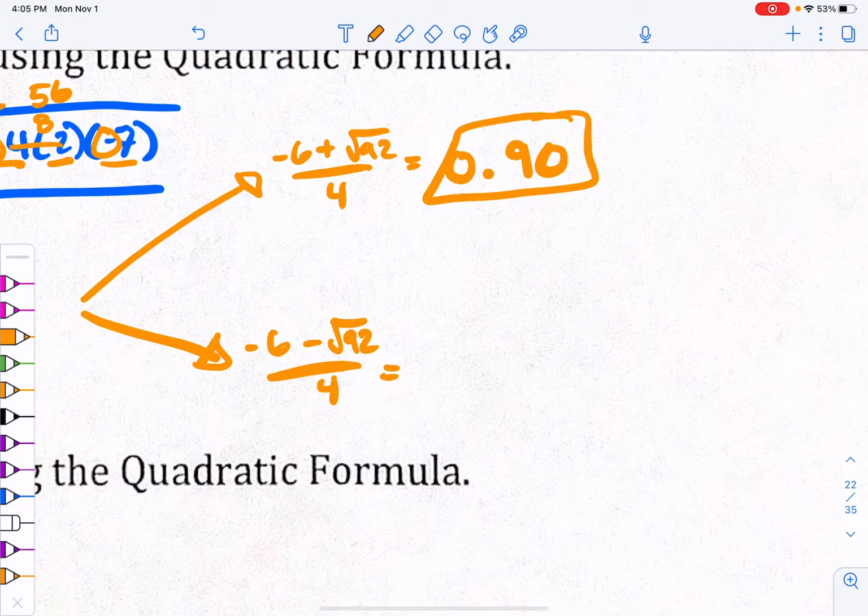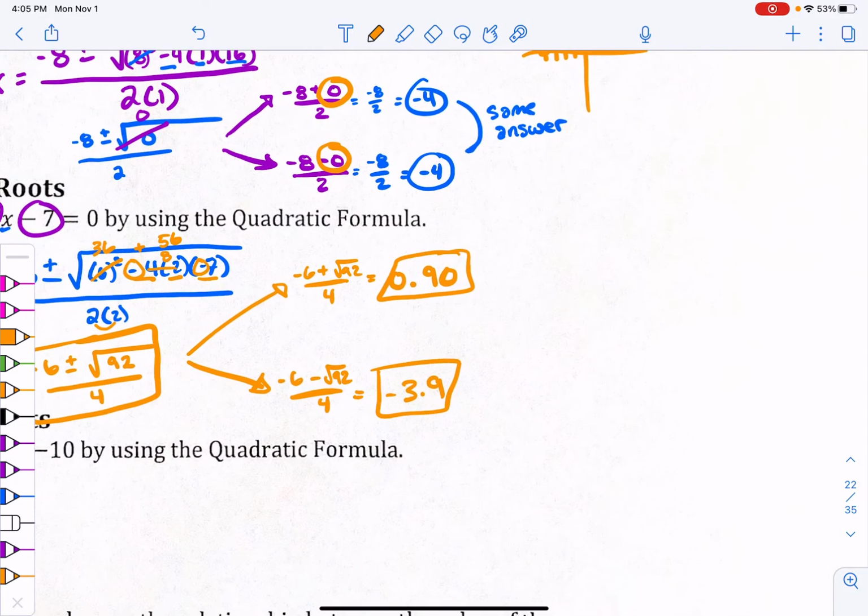Then I'm going to go back up and change that to a minus instead. Minus the square root of 92 all over 4, and that answer is -3.9, something like that.